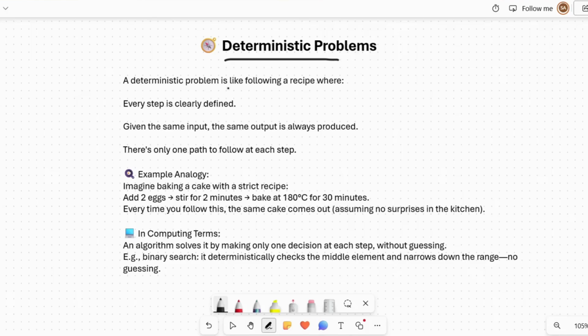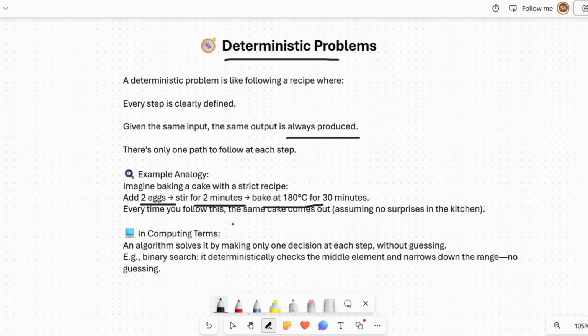A deterministic problem is like following a recipe where every step is clear and defined. Given the same input, the same output is always produced. There is only one path to follow at each step. Imagine baking a cake with a strict recipe: 2 eggs, stir for 2 minutes, bake at 180 degrees Celsius for 30 minutes.